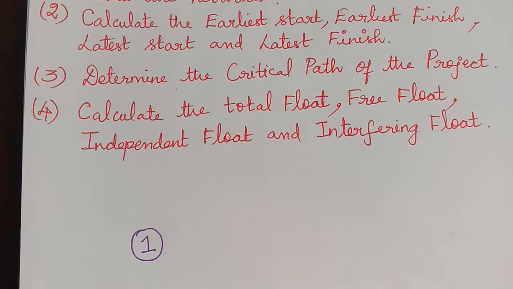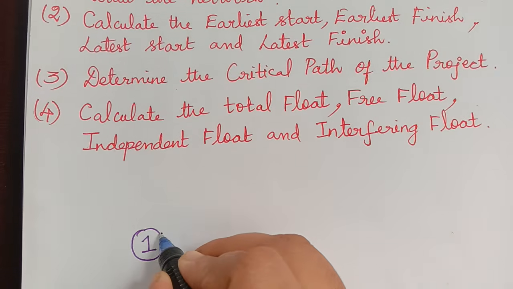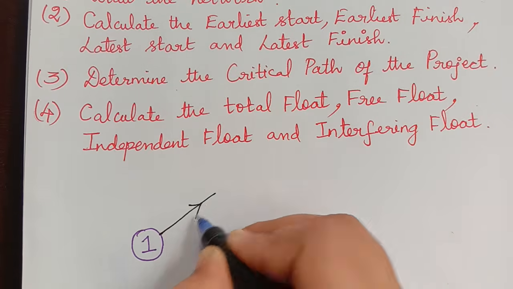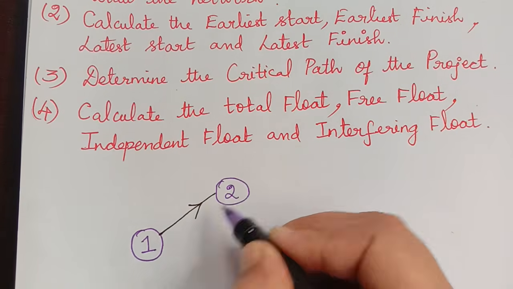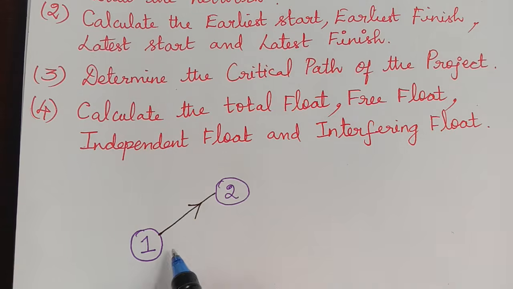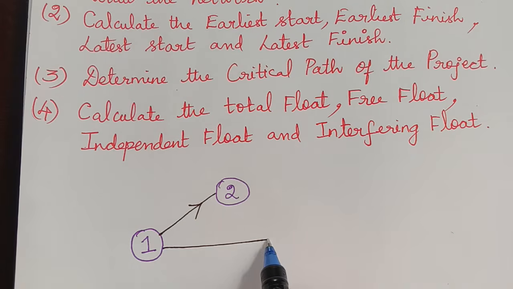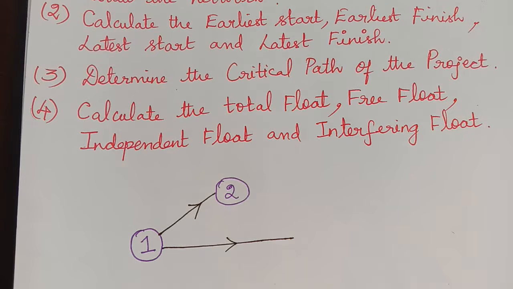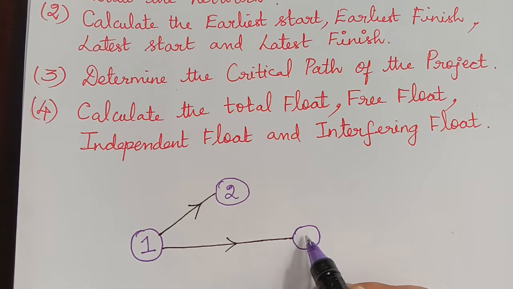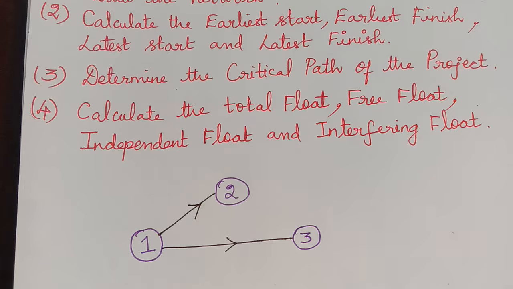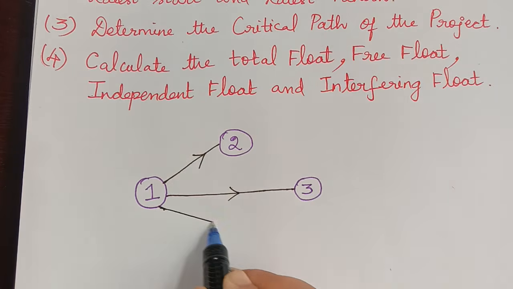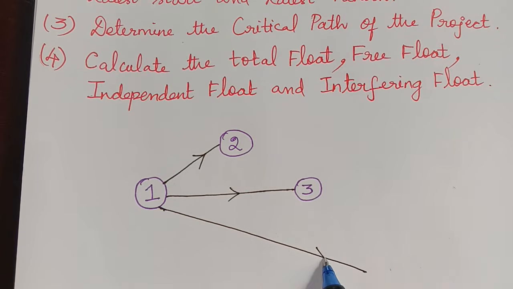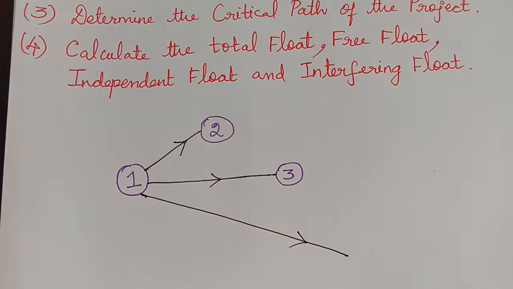From this we have the activity 1 to 2. And then we have the activity 1 to 3. So this is activity 1 to 3. Also we have another activity emanating from 1, which is 1 to 5. Let me just draw it like this. So it is 1 to 5.